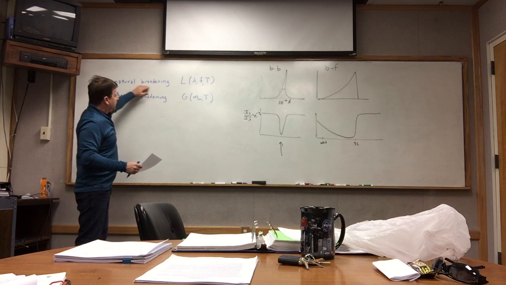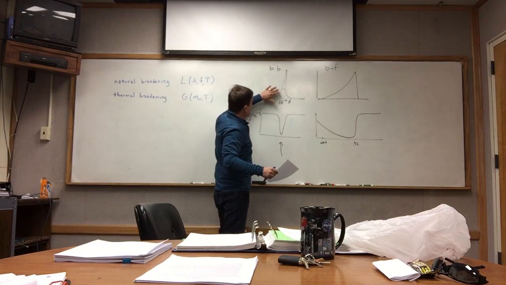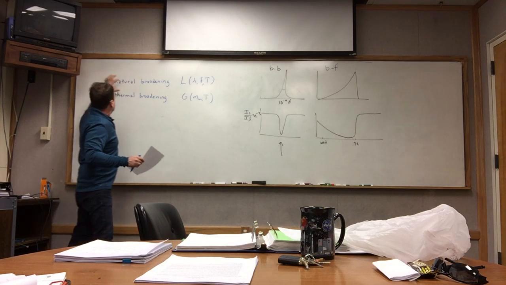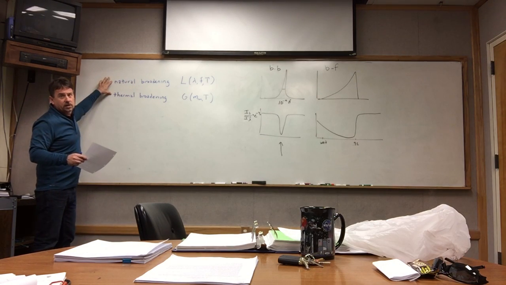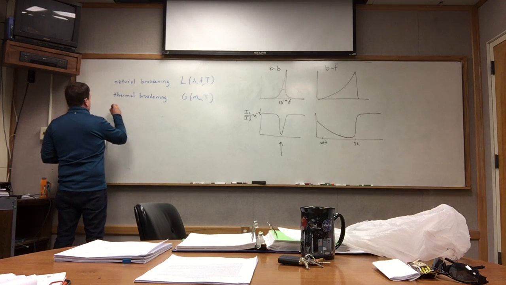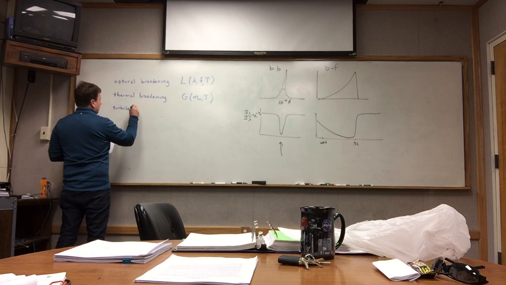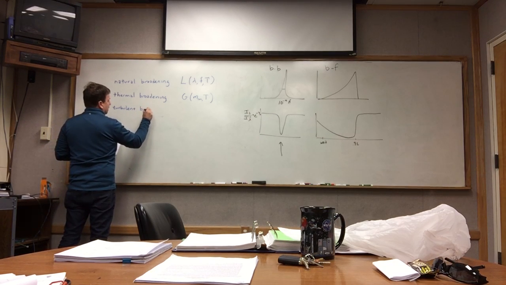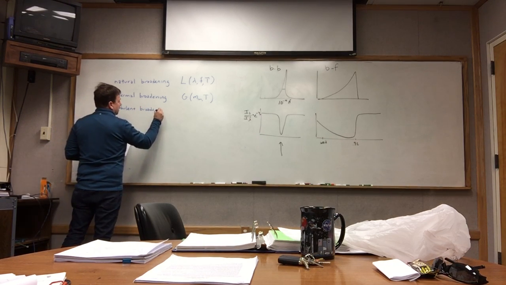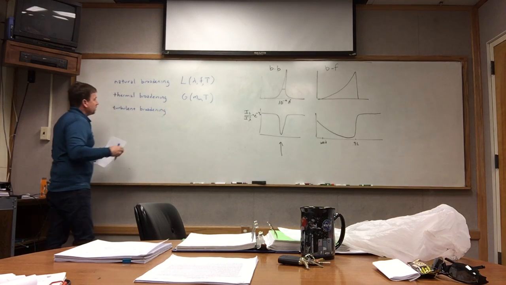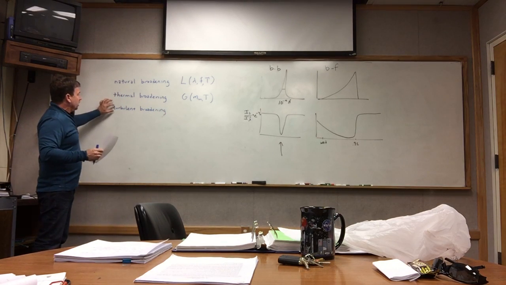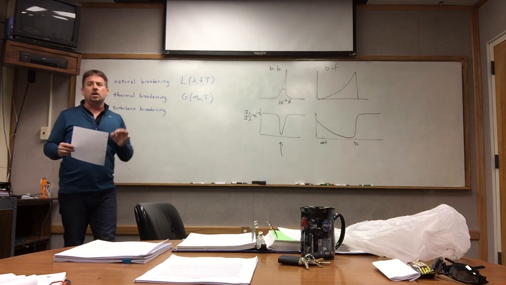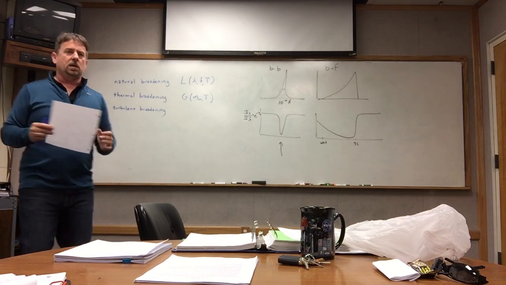So basically, not only do you have a natural broadening, but you'll also have a Gaussian broadening, and you have to convolve these two functions together to get the final broadening. Well, in addition to that, you might have what's called turbulent broadening, sometimes called bulk motion broadening.